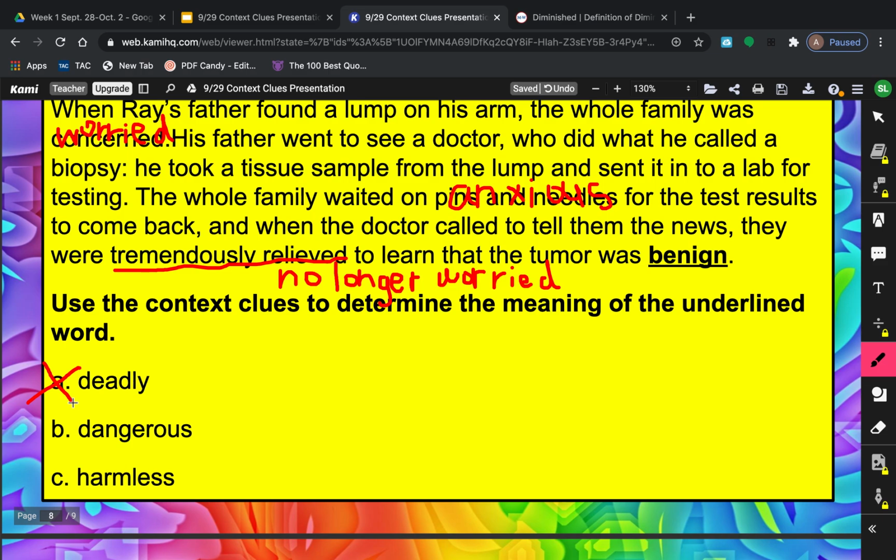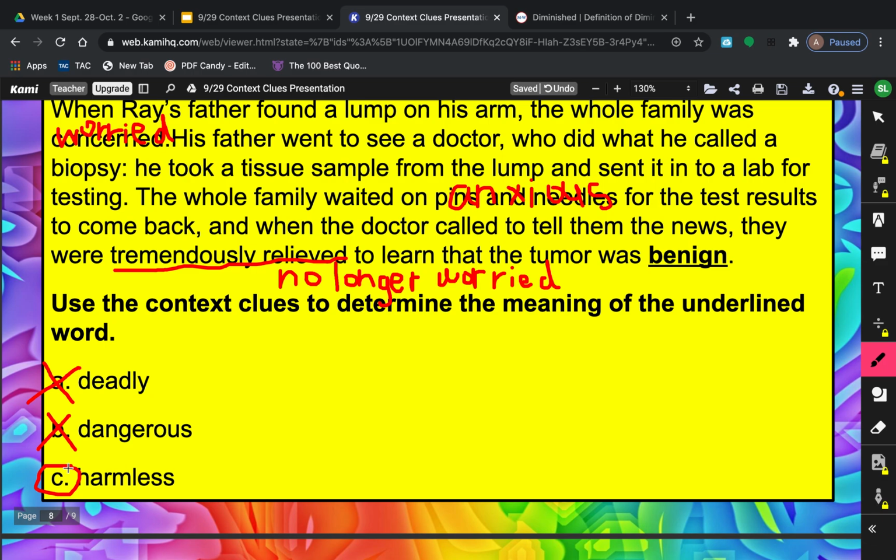They're actually relieved. And the next one says dangerous. I'm going to automatically cross out dangerous also because the tumor was not dangerous. In fact, it was harmless, meaning it wouldn't cause any harm or danger to him. So, the best answer that is supported by what the text says is harmless, and the clues support that answer as well.